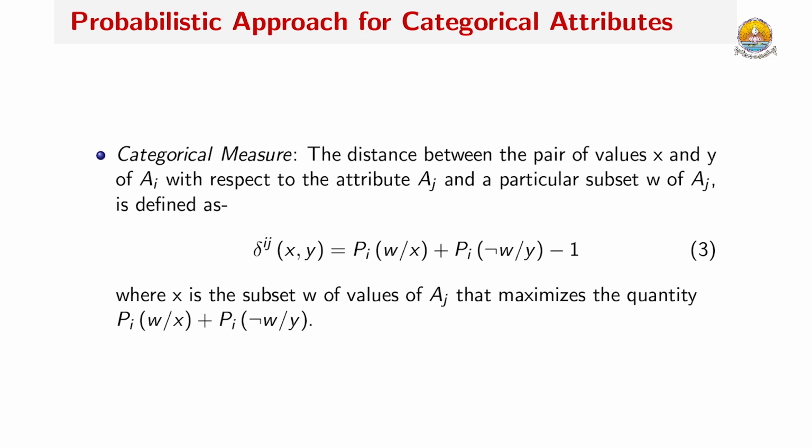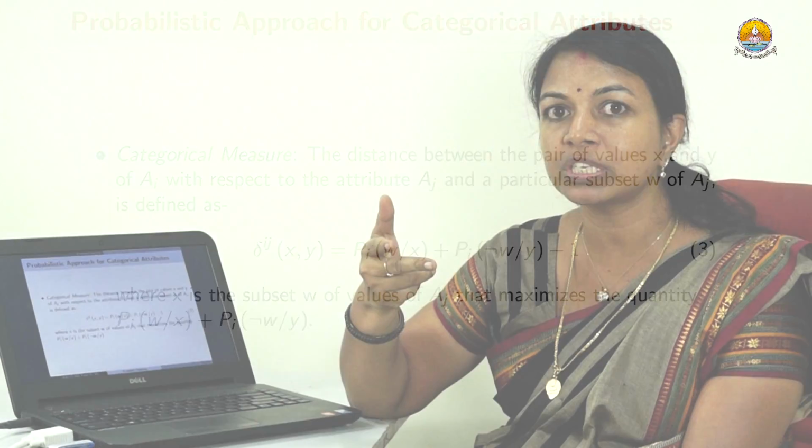This is the distance between the pair of values x and y with respect to ai. There is a compulsion that if I am talking about the distance between two rows with respect to a particular attribute, I am also considering the other attribute, because without that I cannot measure the probability.